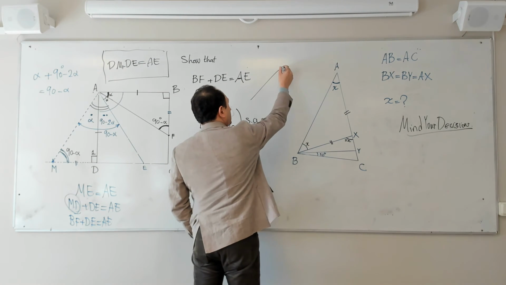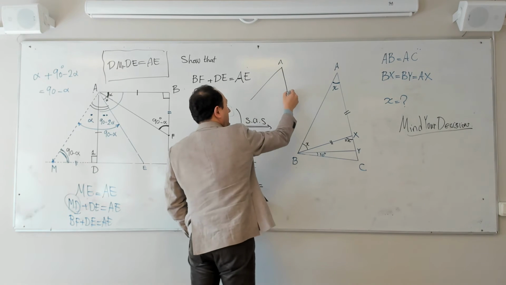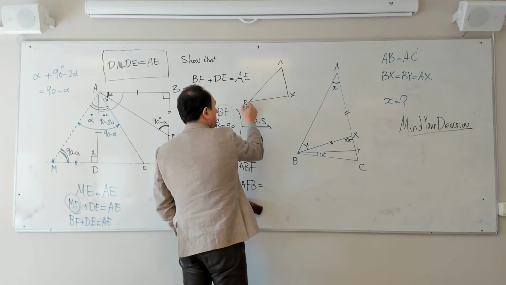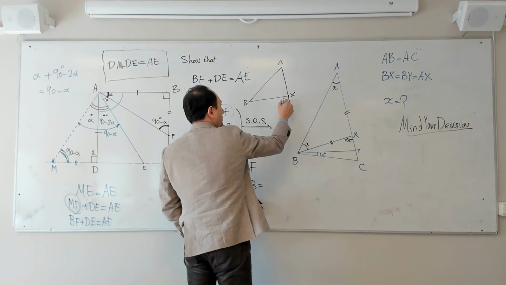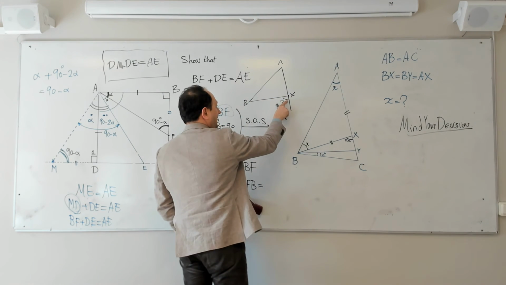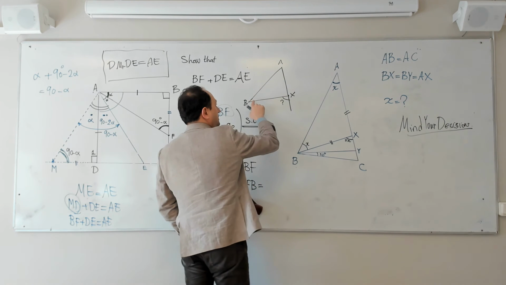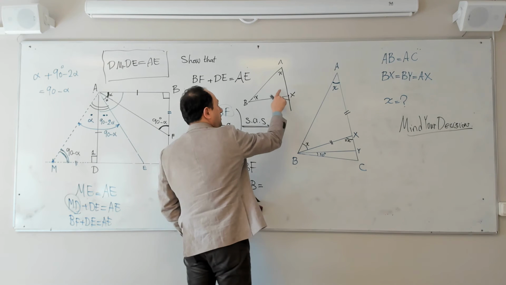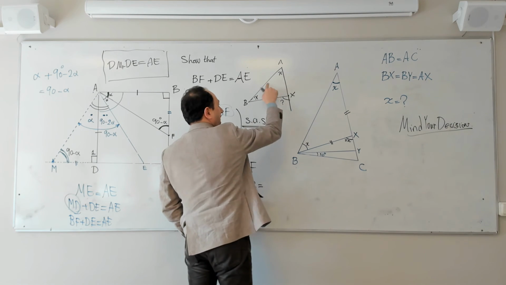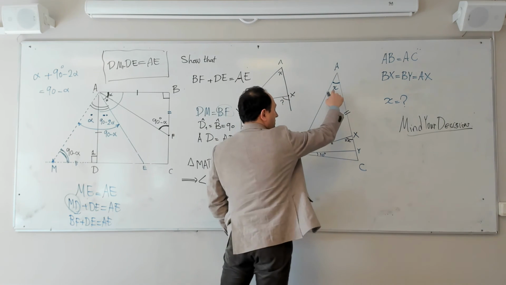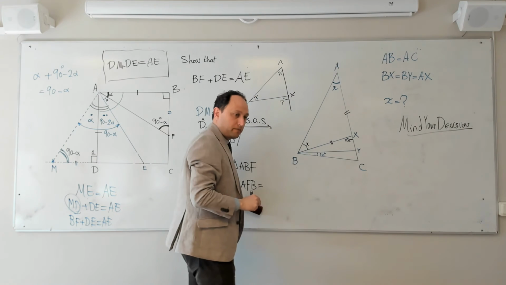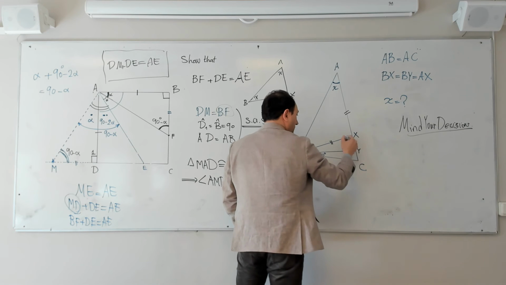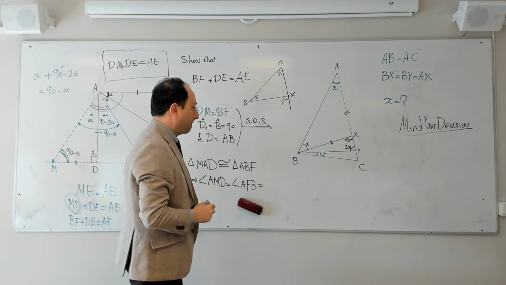Let me draw this here. For example, this is A, this is X, and then this is B, and then this is what I am talking about. Do you agree that this angle is an exterior angle for this triangle? This angle is X, this angle is X, and this angle is supposed to be the sum of these two internal angles. So if this is X, this has to be 2X. And then now I want to write 2X on top of this one as well. Do you buy it or not?